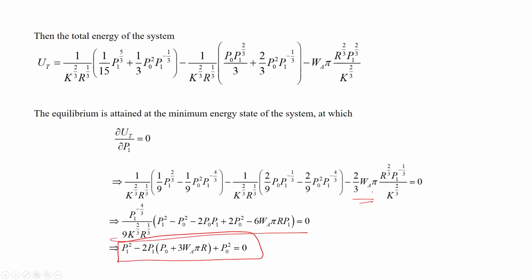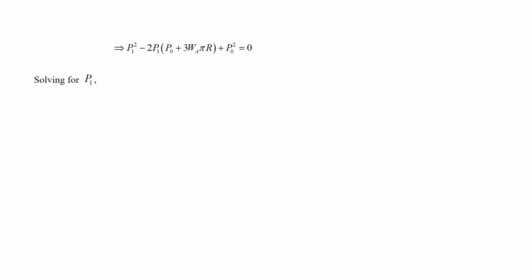Now, it looks quite simple: p1 square minus 2 p1 into this, plus p0 square is equal to 0, and so we can solve this for p1. So p1 will be equal to 2 into p0 plus 3 W_A pi R, plus minus square root of b square minus 4ac.